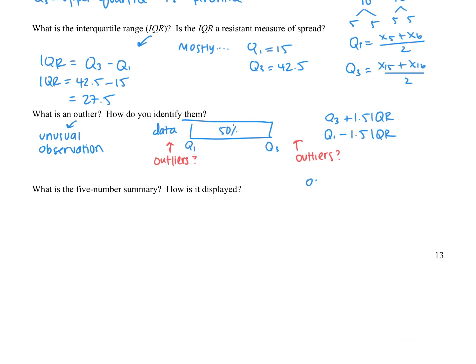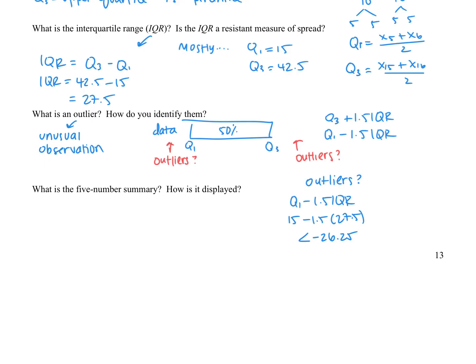So if we're going to check our data set for outliers right now, the lower end, I'm going to do Q1 minus 1.5 times the IQR. So that'll be 15 subtract 1.5 times 27.5. So anything smaller than negative 26.25 is an outlier. Now, in our data set, there are no negative numbers. So there are no outliers on the left side.